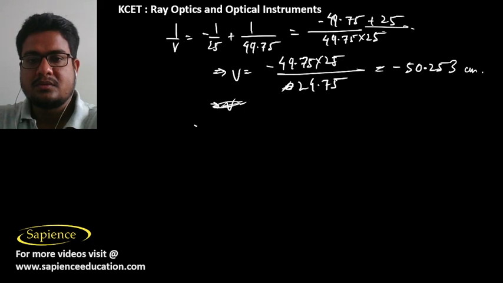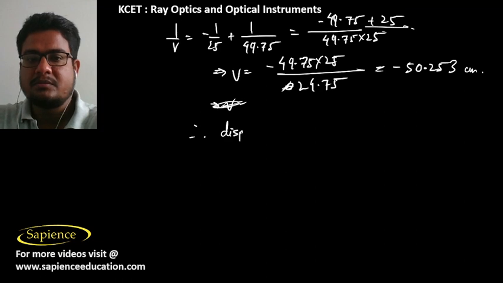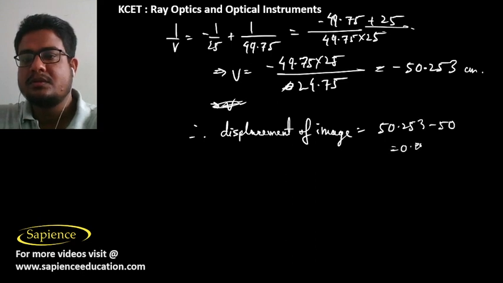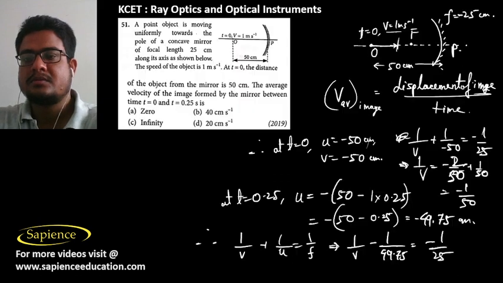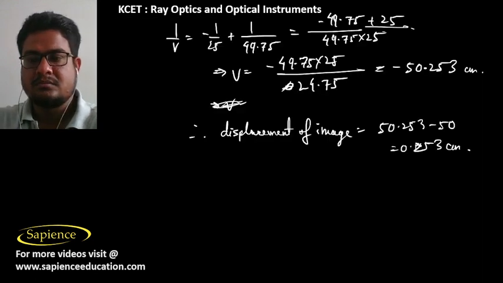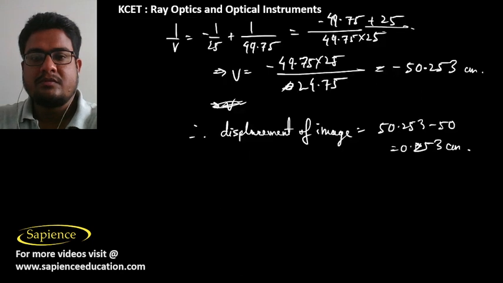So therefore, the change in position of the image, the displacement of the image, will be equal to 50.253 minus 50, that is 0.253 centimeter, and this divided by the time interval will give you the average velocity of the image.